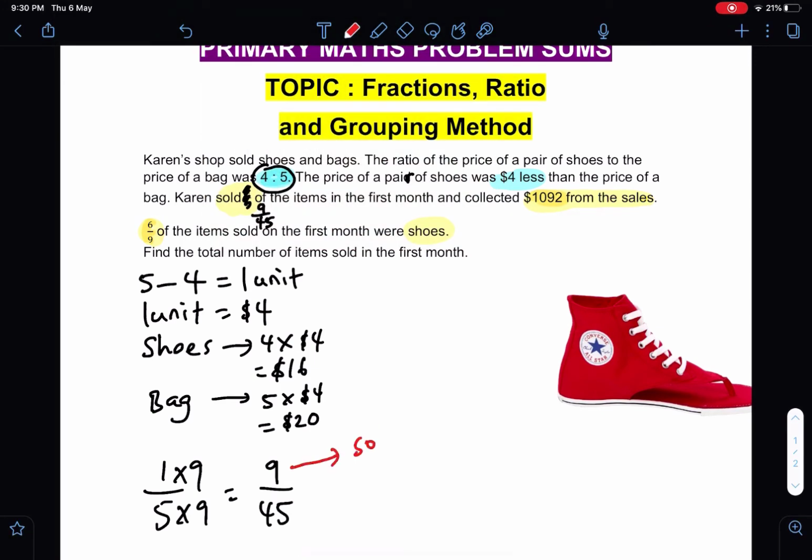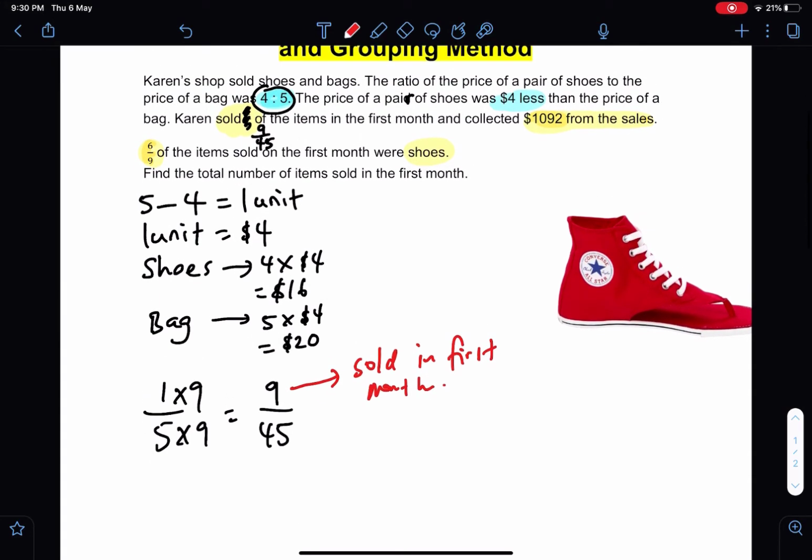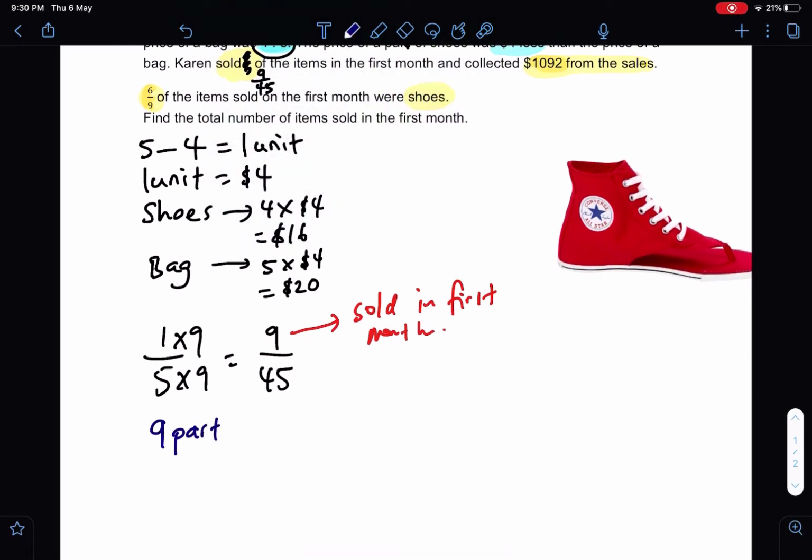Again, this is items sold in the first month. Out of these 9 parts, in fact don't use units, because we have used that earlier, what you can say about these 9 parts is that 6 out of these 9 were shoes. Let me write it down. 6 parts were shoes.